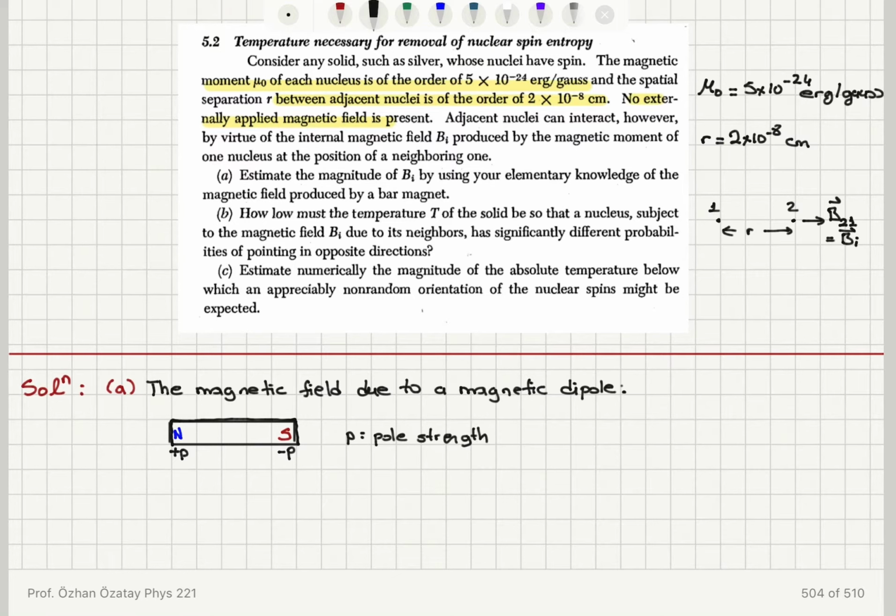Now, given that these poles are at a distance L from each other, first of all, the magnetic dipole moment due to this configuration is M, the magnetic dipole moment, which is basically the pole strength P multiplied by L, the distance between poles.